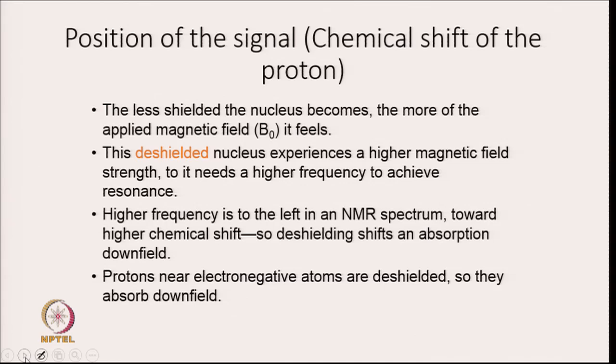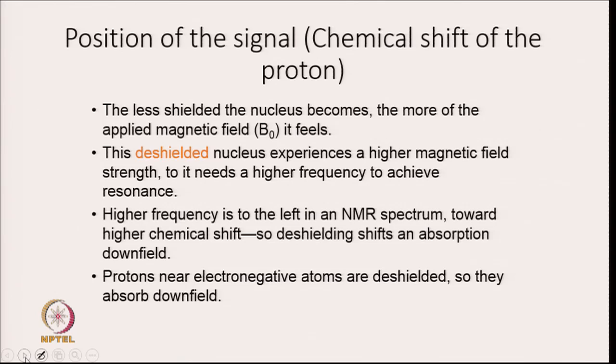Why in certain cases is the chemical shift high, and why in certain cases is it at a small delta value? The main factor is shielding of the nucleus. The de-shielded nucleus experiences a higher magnetic field strength and it needs a higher frequency to achieve resonance.